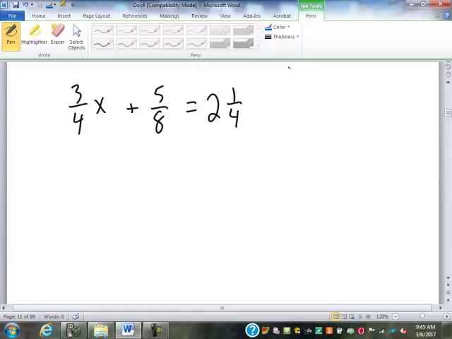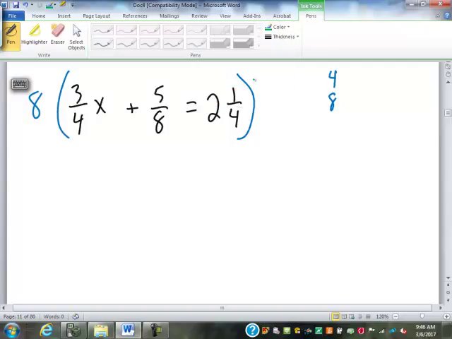And one of the ways we've solved it is using the fractions. But one thing we could do is eliminate the fractions. To eliminate the fractions, I would use a common denominator, a common multiple. So here I only have denominators of 4 and 8. What is my least common denominator for those? The 8. So I can actually multiply this whole equation by 8 and make the fractions disappear.